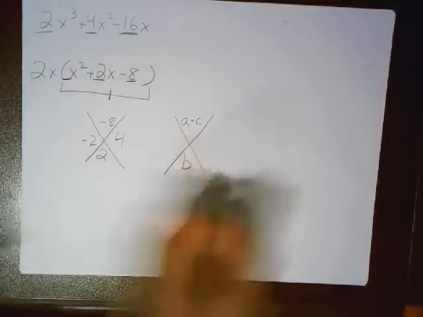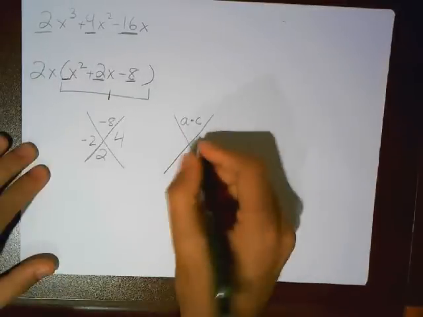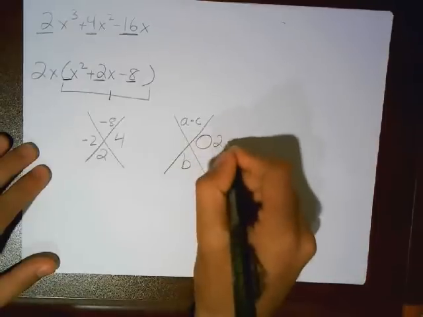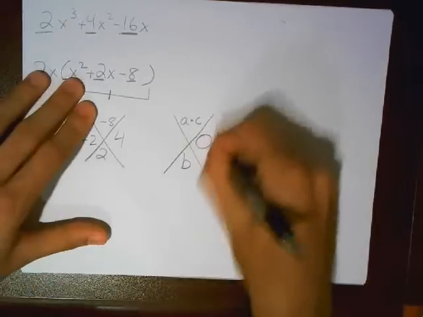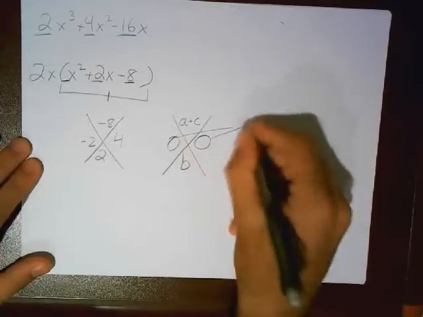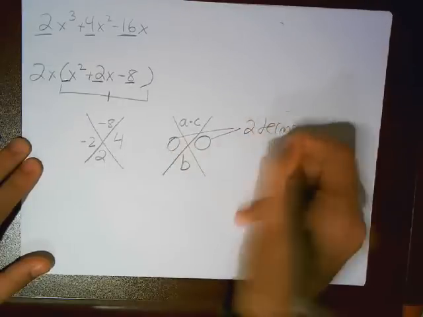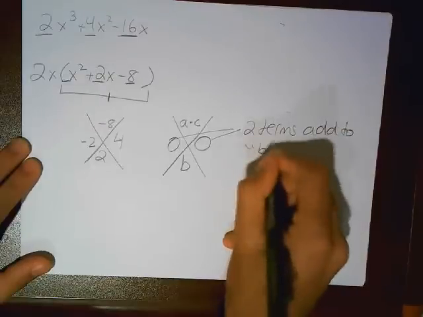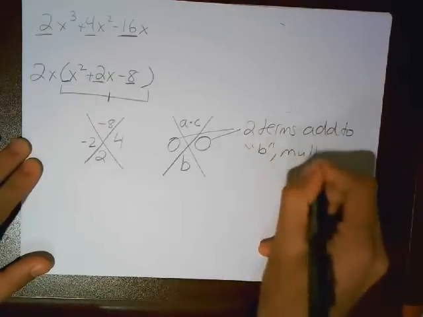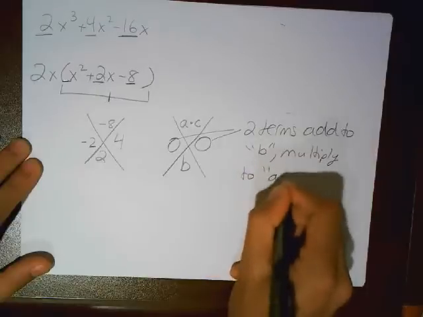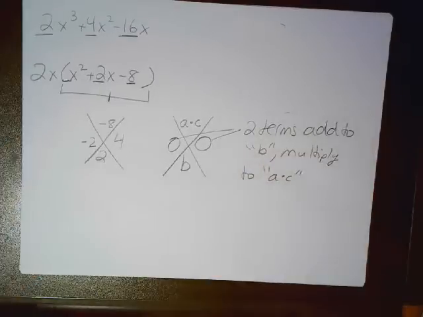The bottom is b. B is right here. And you need to find, right here, you put, so here and here, you find two terms that add to b and multiply to a times c.